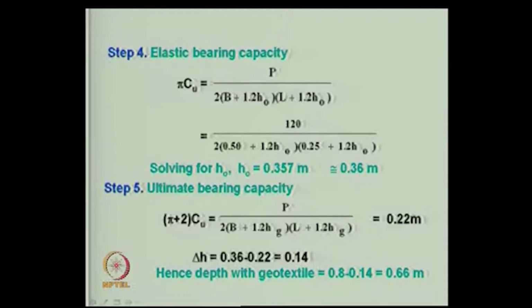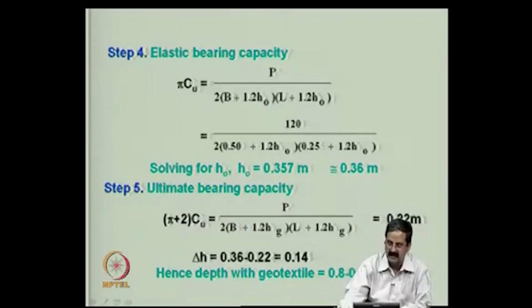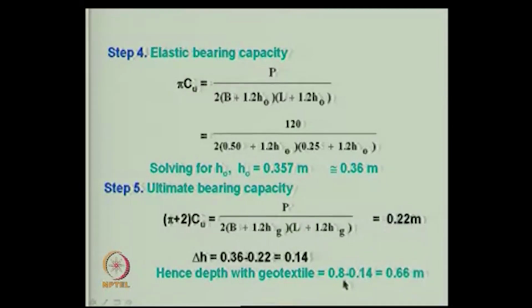You also have this number 0.8, which is nothing but without considering the load repetitions, considering the rut depth. So, 0.8 minus 0.14 gives you the actual depth with geotextile. So, you can see that there is a good savings with just the separation function.